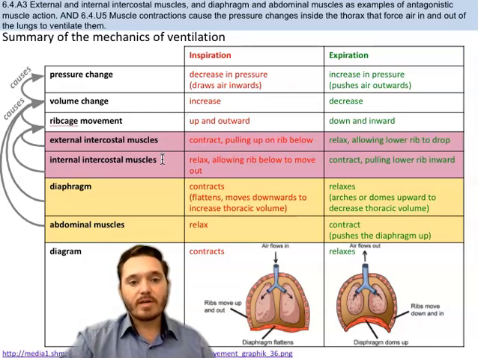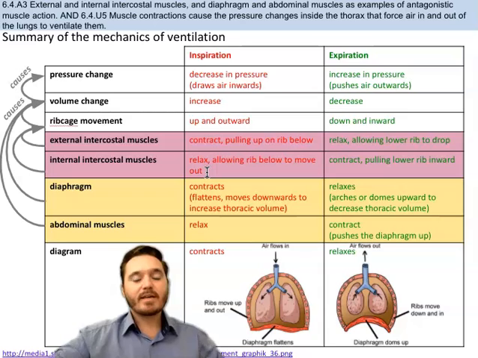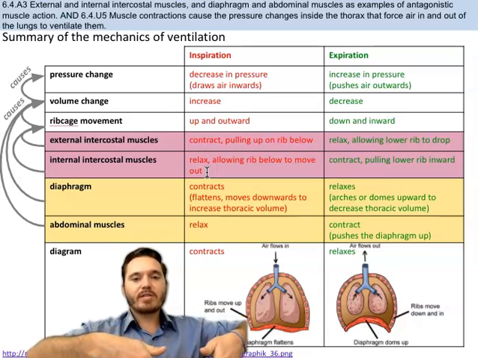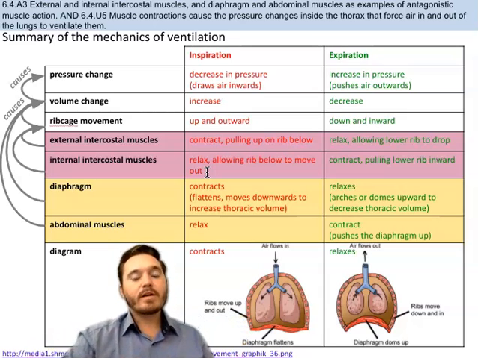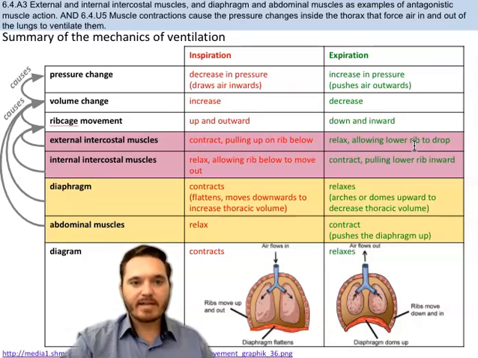Your internal intercostal muscles would be relaxing as your external intercostals are contracting and your rib cage expands outward. When your internal intercostal muscles contract, that's when you're expiring and breathing out. Okay, and then your external intercostals would be relaxed at that time.